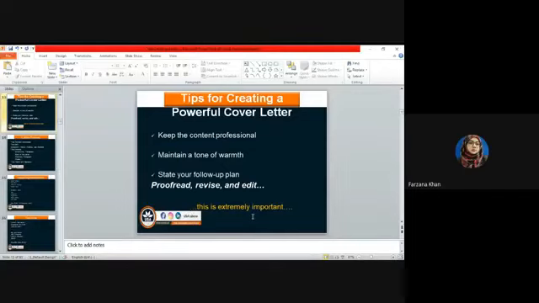At the end of the last paragraph of the cover letter, it is very important for you to state your follow up plan, how you are going to follow up, whether you will call them next week or send an email. So, what is your plan for follow up? That is very important. It reveals your concern for that job.